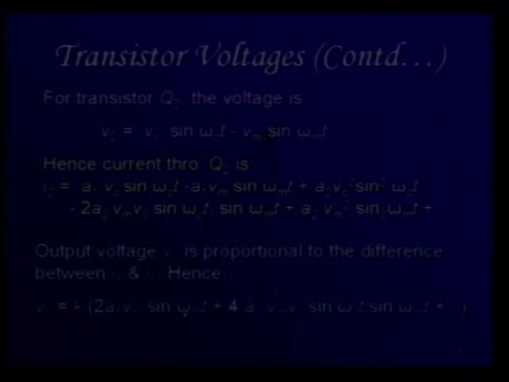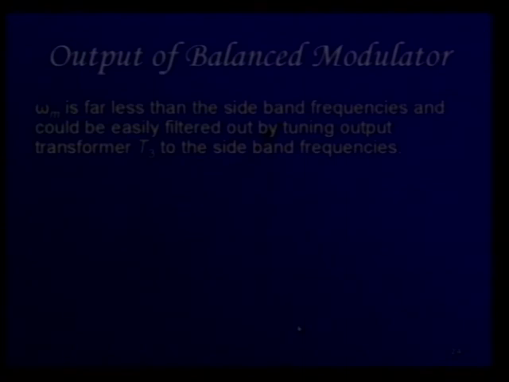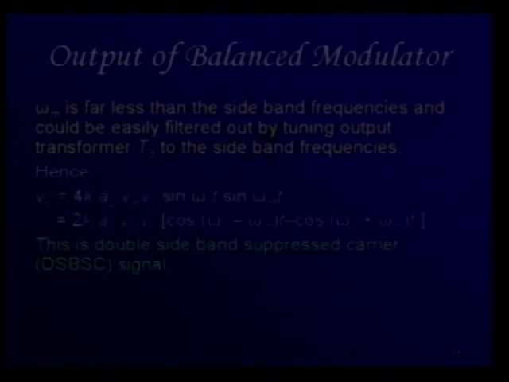The first part is entirely just the modulating signal, the intelligence signal, which is much less than omega Ct. So when you are tuning any particular transformer, this omega Mt can be very easily filtered out by this tank circuit, and we can have only the sideband frequencies at the output, that is 4K A2 Vm Vc sin omega Ct sin omega Mt, which will be a combination of 2K A2 Vm Vc cos of omega C minus omega M t minus cos of omega C plus omega M t.